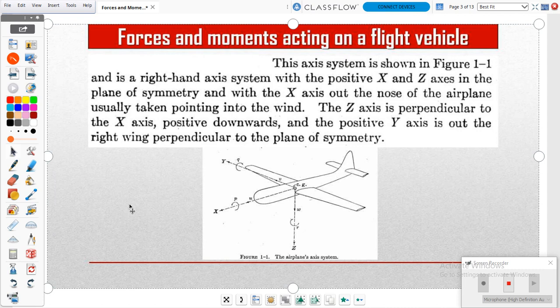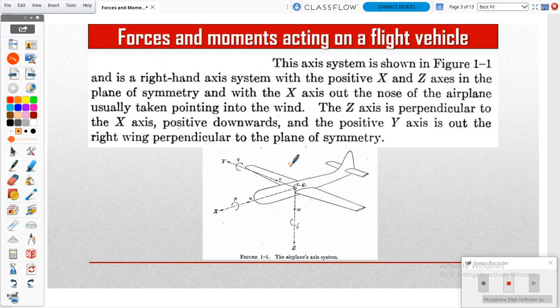Have you drawn this figure? Students, give a response.